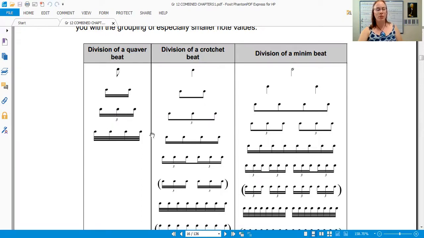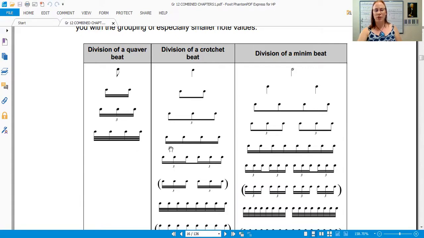And then if you have demi-semiquavers, you can see you split it further and they are joined together. Then if you look at your crotchet beat, same thing. And that's why I want you to see the similarity here. So you split it into 2 quavers. You can see the triplet now is just in quaver notes. And then if you split into semiquavers, you've got your 4 semiquavers. Can you see the similarity there?